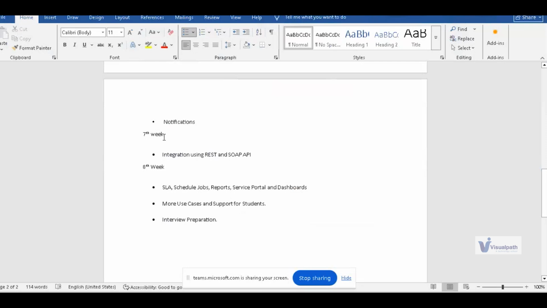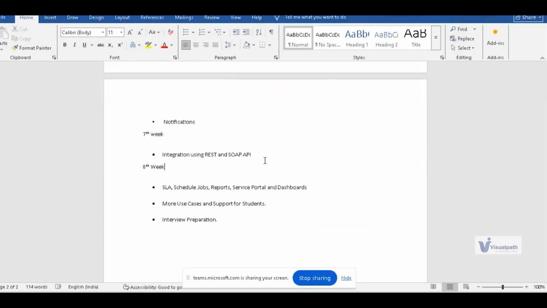Next is the 7th week, where we will be covering the integration, the REST and the SOAP integration. The SOAP integration is a legacy one, so we will be working much on the REST integration and a little bit on the SOAP integration as well. By the 7th week, we will have covered the very important stuff, all the main things of ServiceNow, whatever they are expecting in the market.